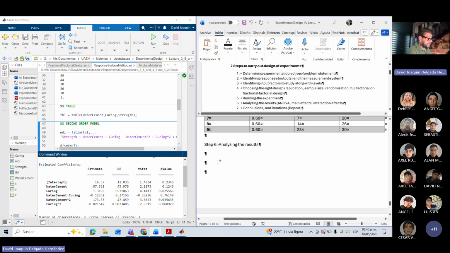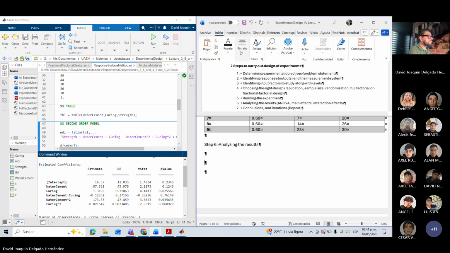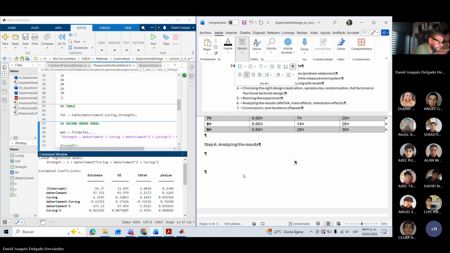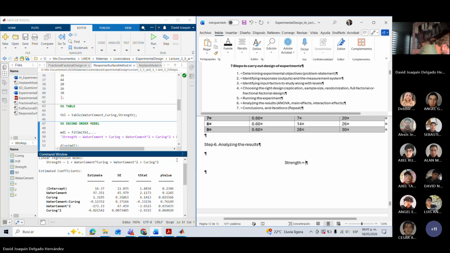So I am going to write the model. Let us center this. So the strength equals, look, the intercept is not significant.